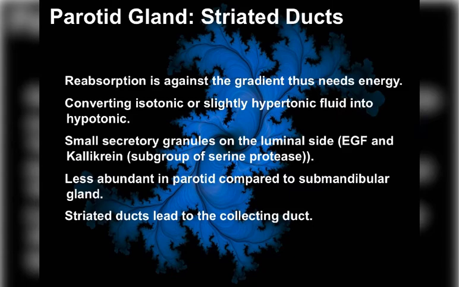That's why it's easier to find a striated duct in the submandibular gland than the parotid, because they are more abundant in the submandibular. Striated ducts lead to minor collecting ducts, or they call them minor excretory ducts.